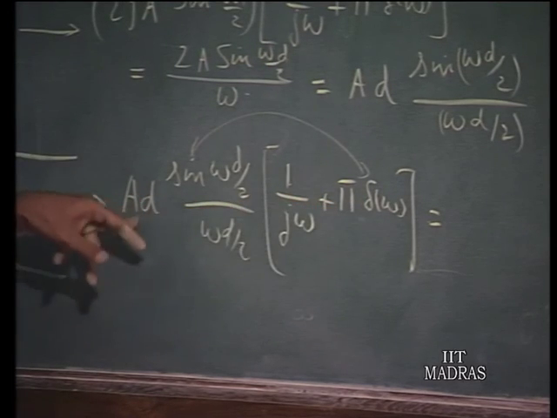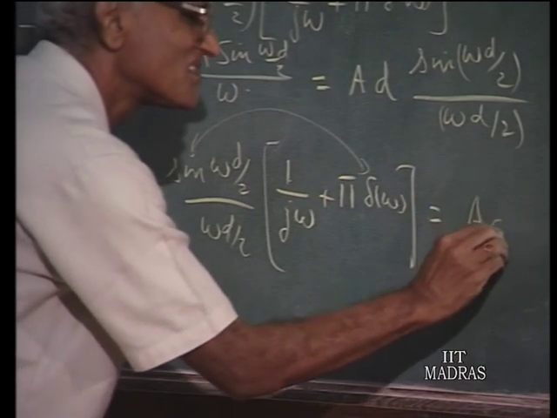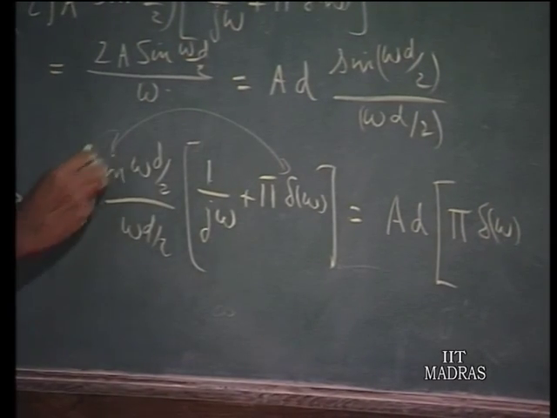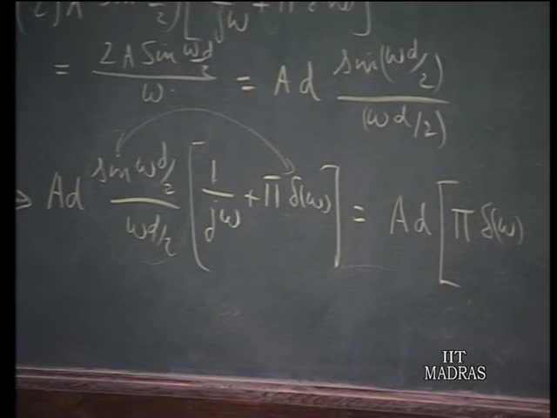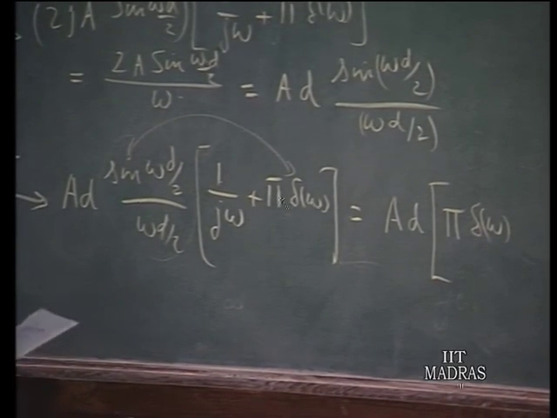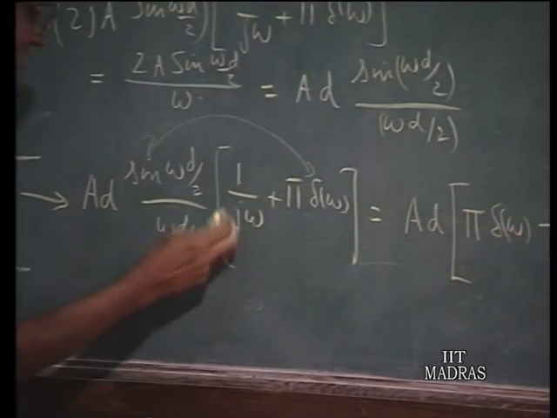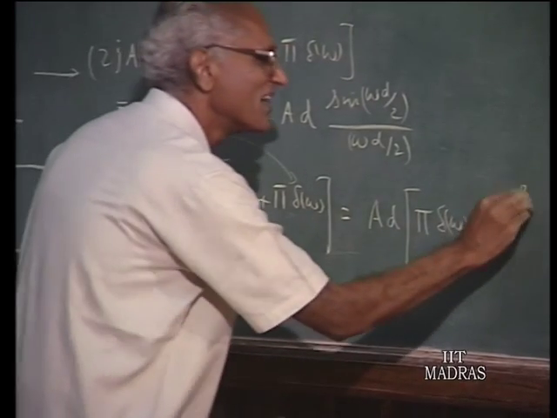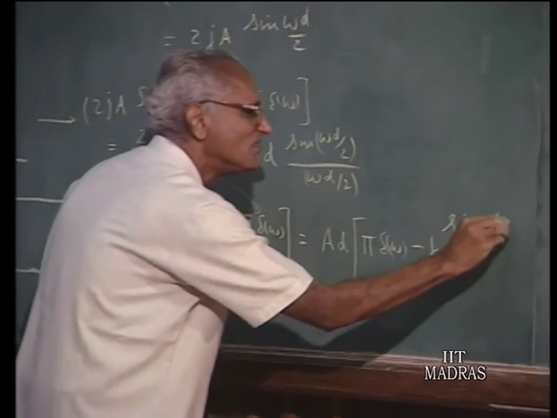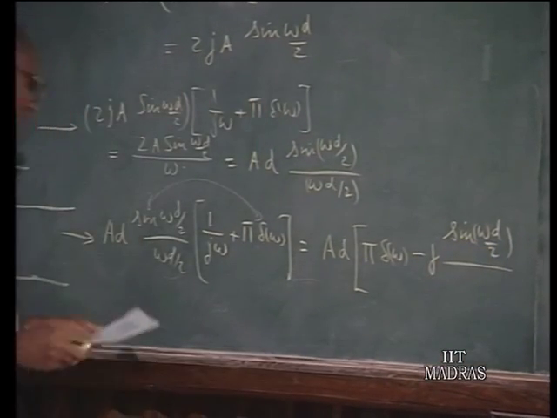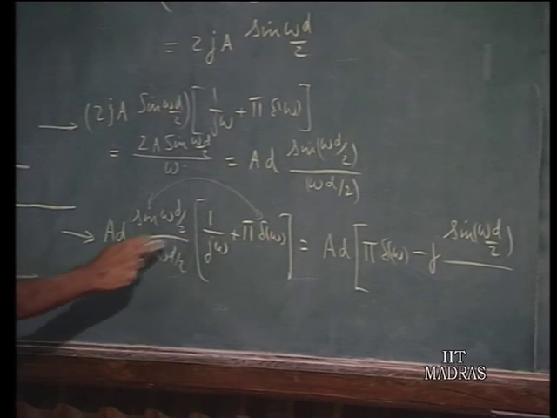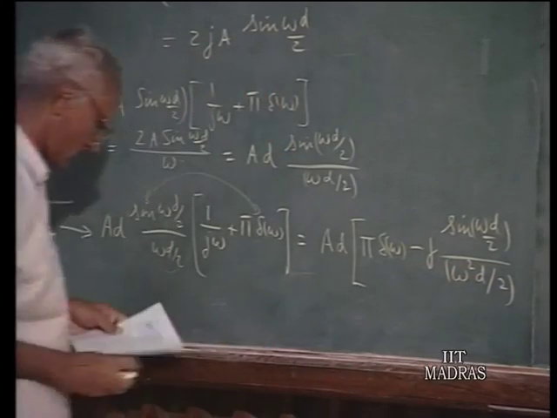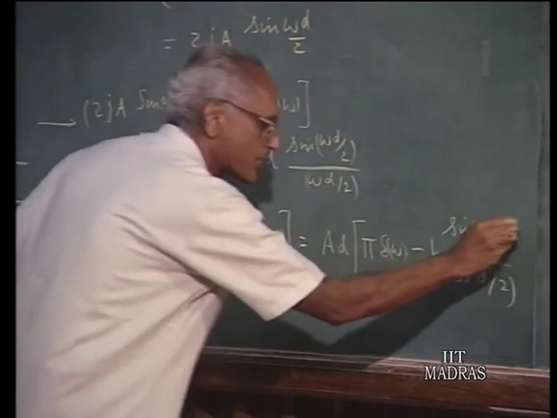So, at omega equals 0, this becomes ad times pi delta omega, because sin omega d upon 2 by omega d upon 2 evaluated at omega equals 0 equals 1. And then you have 1 over j, which I put as minus j, ad is already there, sin omega d upon 2 divided by omega, because this omega is there, another omega d upon 2 is there, omega squared d upon 2. So, that will be the Fourier transform of this.